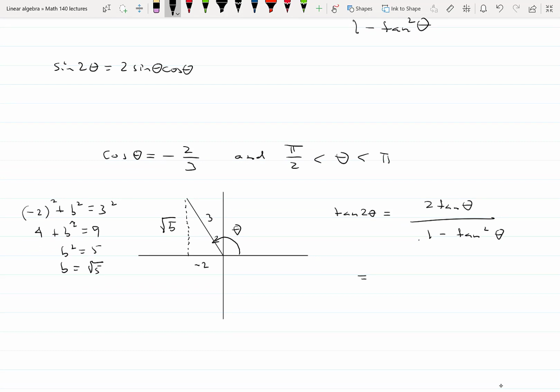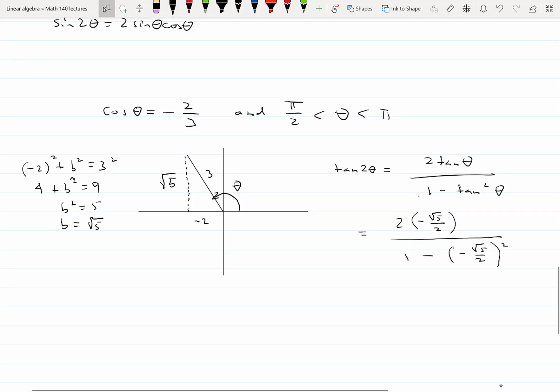We know tangent of theta from our diagram here is negative radical 5 over 2, just picking it right off the figure, over 1 minus tangent, negative radical 5 over 2. Remember, tangent is opposite over adjacent, radical 5 over negative 2. And then we use some algebra to finish this off.